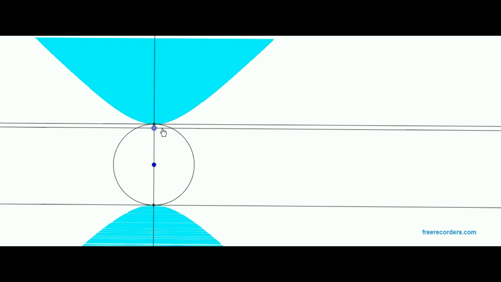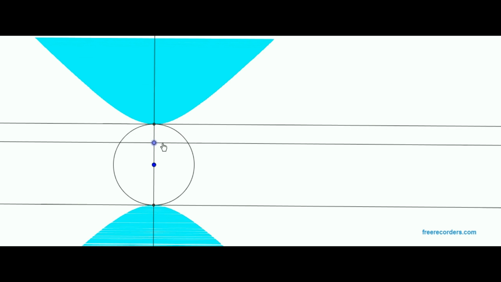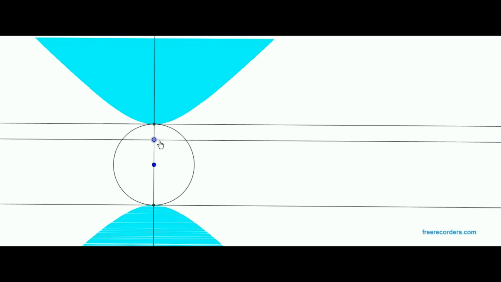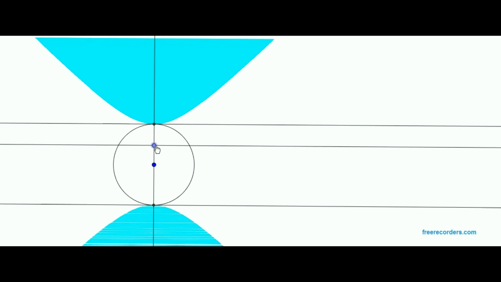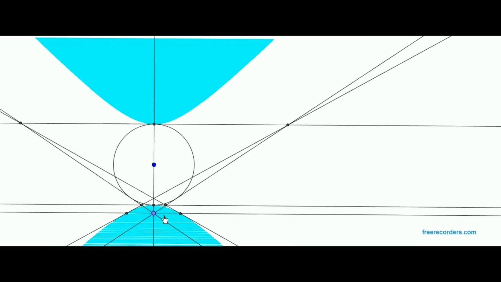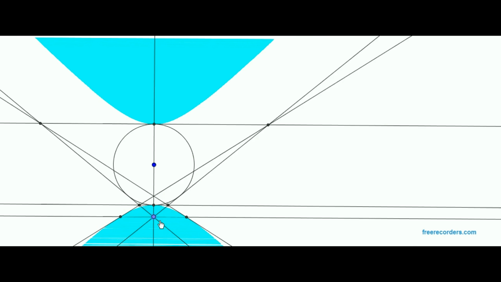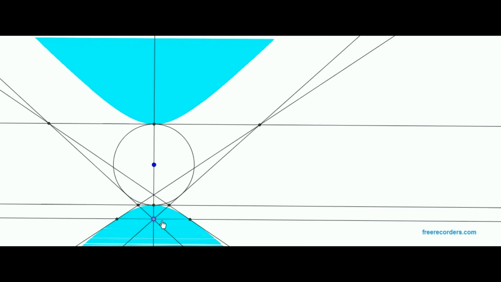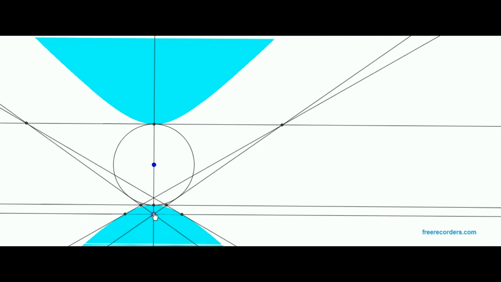Then in this intermediate region this line has two real separate contact points with the circle, and then again we have a similar situation going on as we move the line further down, and again we get complex contact points.